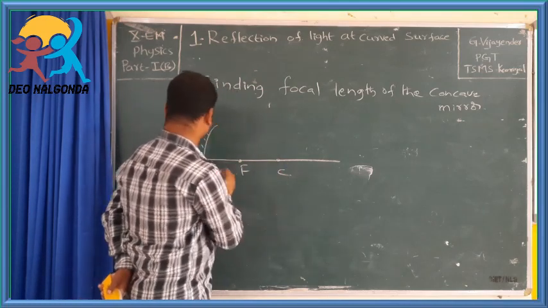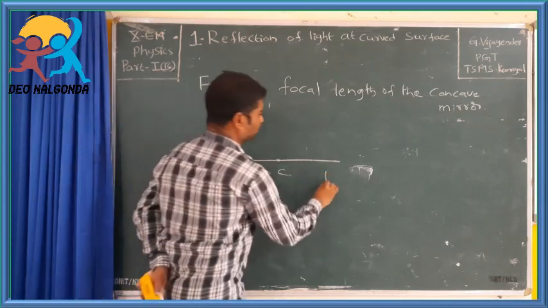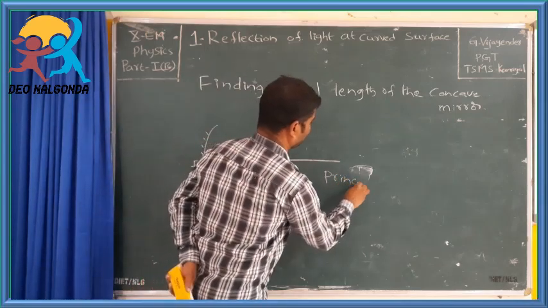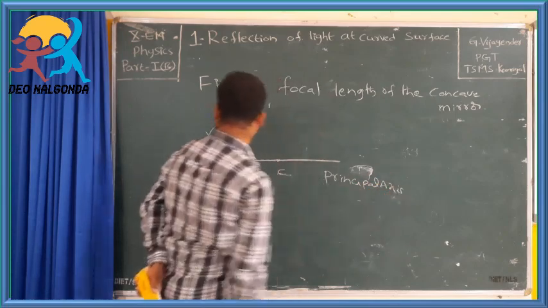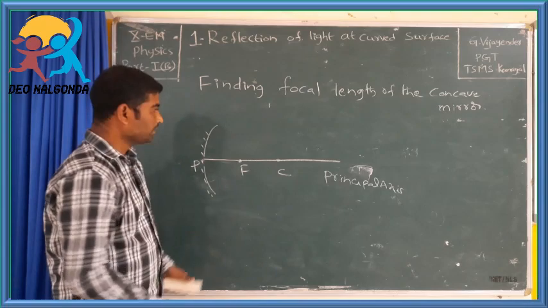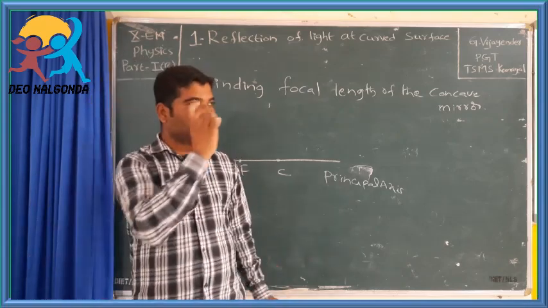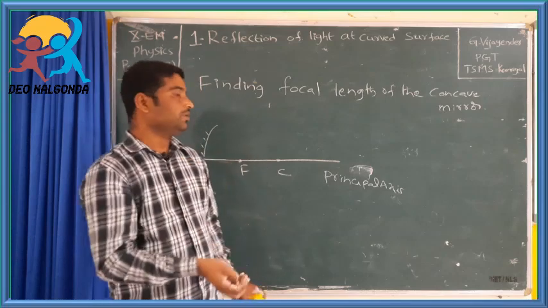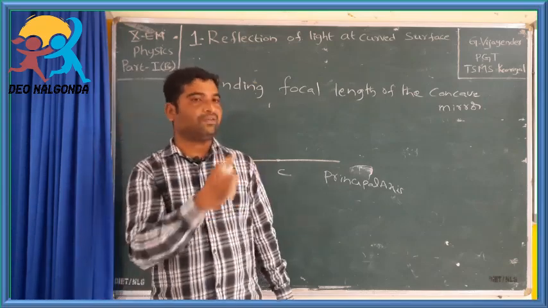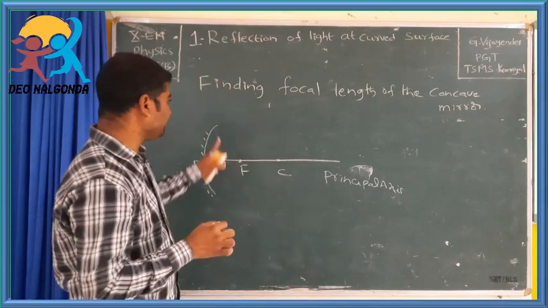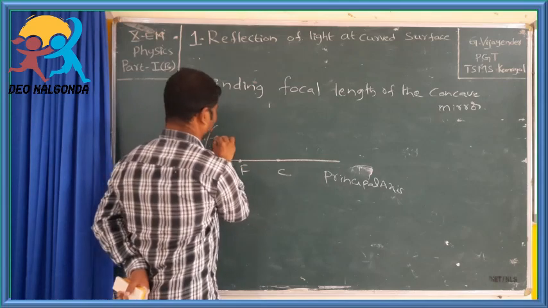The line passing through the pole and focus is called principal axis. Now here the sun is at infinite distance. So only parallel rays from the sun can travel the longer distance and be incident on the concave mirror. So we take only parallel light rays.